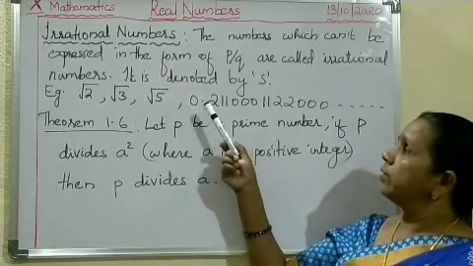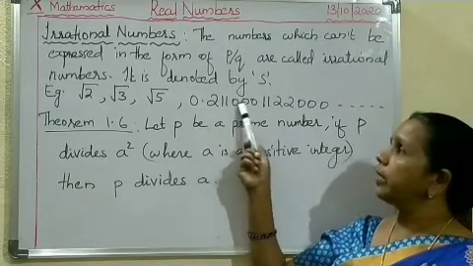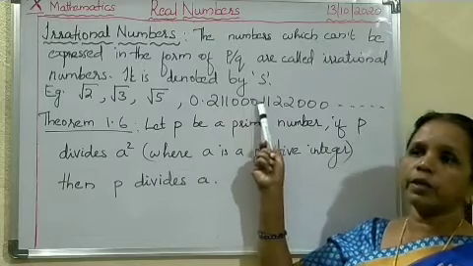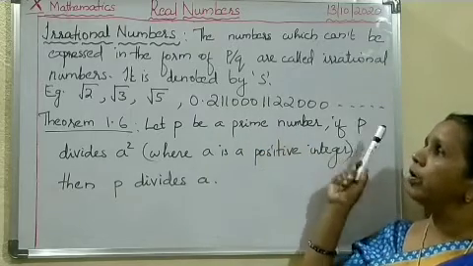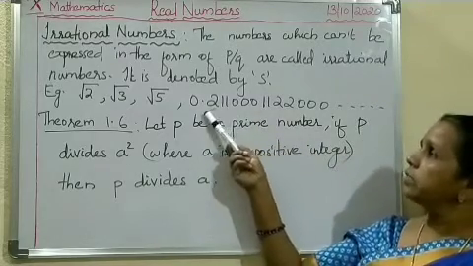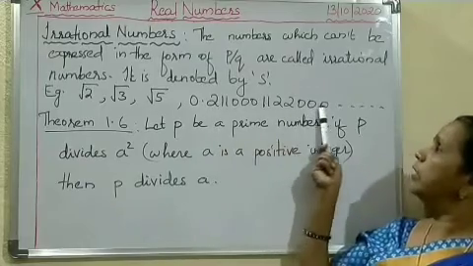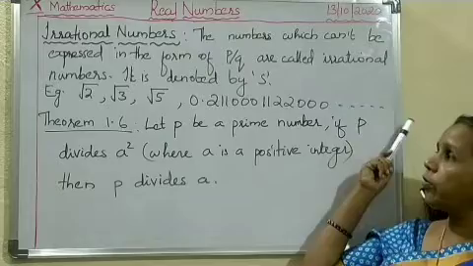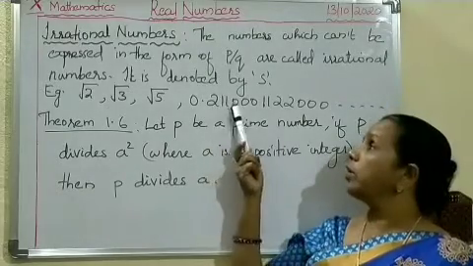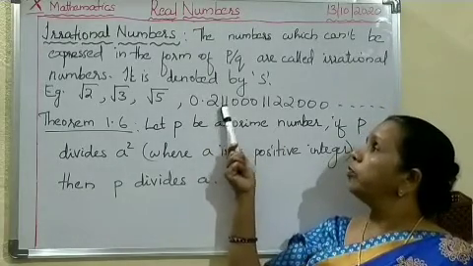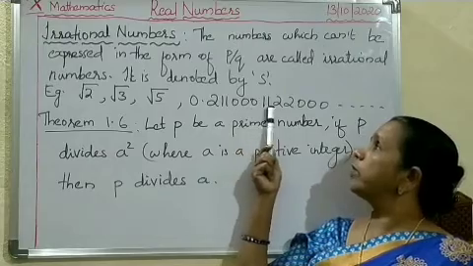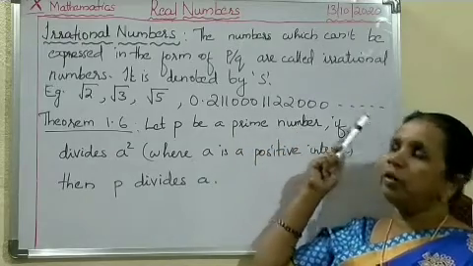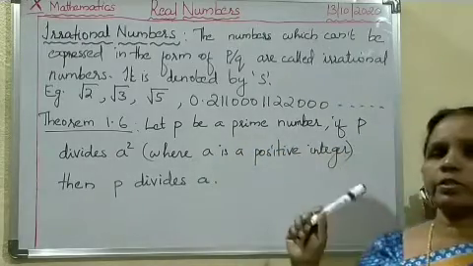Here, this is a non-recurring, non-terminating decimal. Non-terminating means it is not stopping, the division is going on. And the digits are not recurring: 2, 1, 1, 0, 0, again 1, 1, 2, 2, 0, 0, and so on. Therefore, this is also an irrational number.